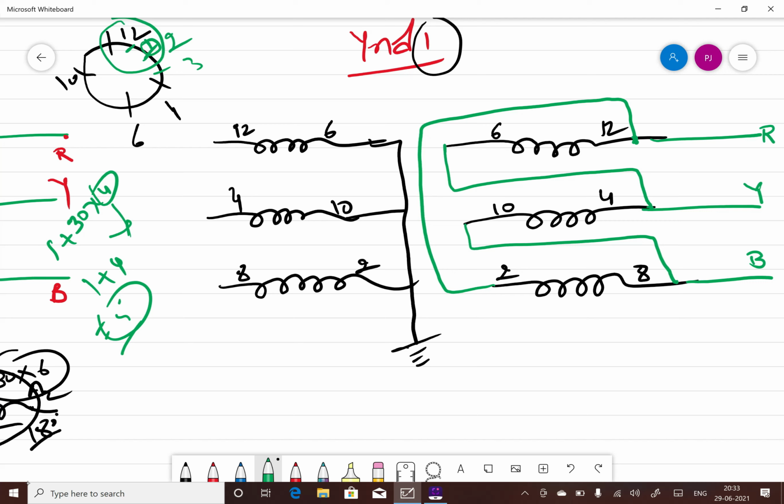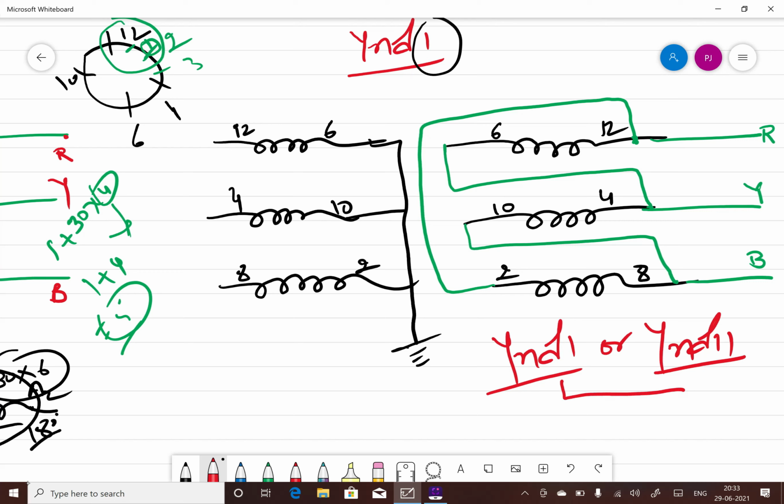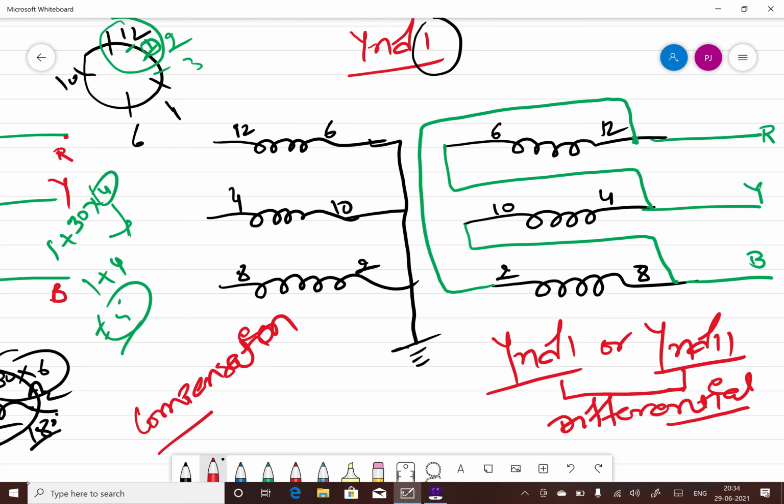Now, why have I explained to you how to draw these connections of YND1 or YND11? Because when we study differential protection, at that point of time we must be aware of the various connection groups so that we can implement the different compensation matrix for differential current compensation in your transformer.